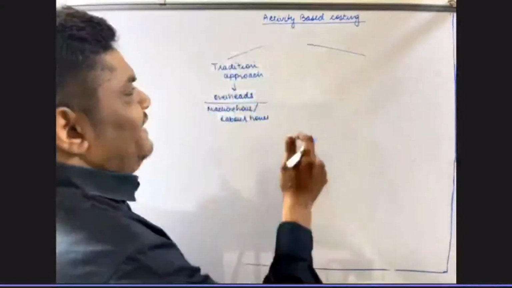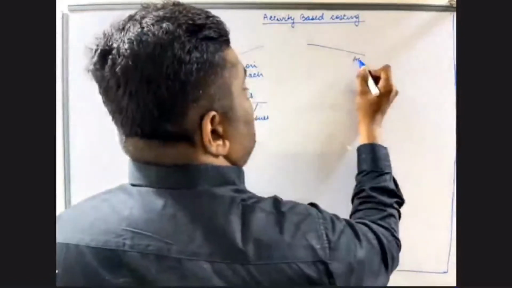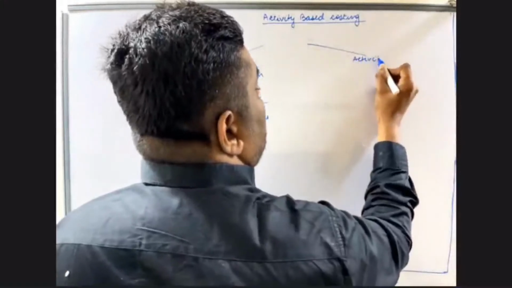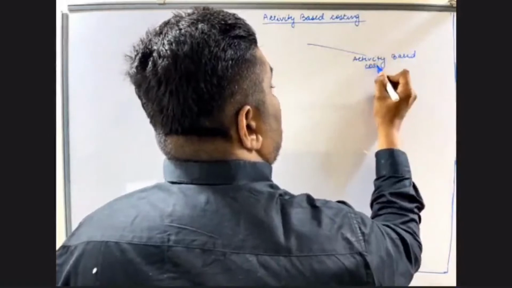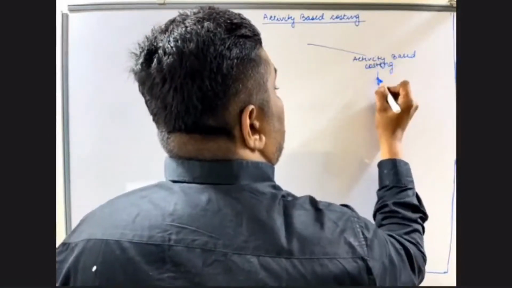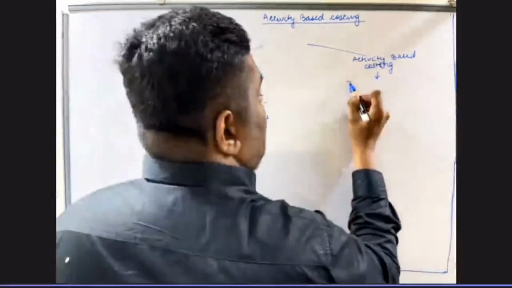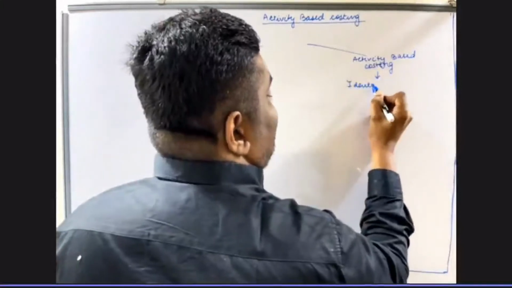Now, what activity-based costing says: first, identify the activity.